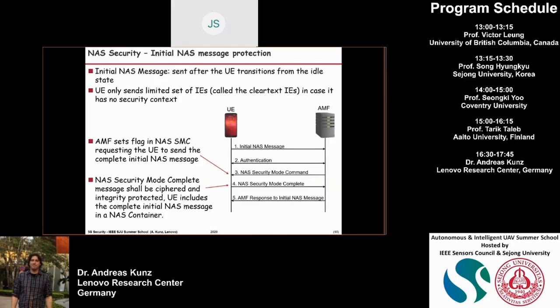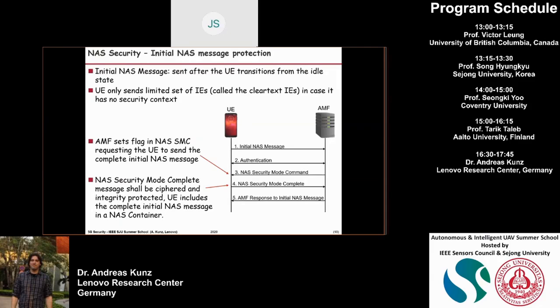Now we come to the NAS security. One important feature is the initial NAS message protection. The initial NAS message has the problem that the UE and the AMF don't have a common security context at this time, so it needs to be established. And this means that all parameters in this message are sent in clear text.